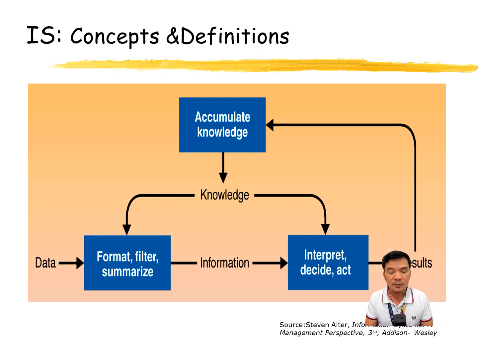So we define information as processed data, where processing can be some way of formatting, filtering, or summarizing data. In my undergraduate course, sometimes it's hard to differentiate between data and information, but most of my students know that we will not only consider the format, filter, and summarize part, but also the context in which that data is being used.